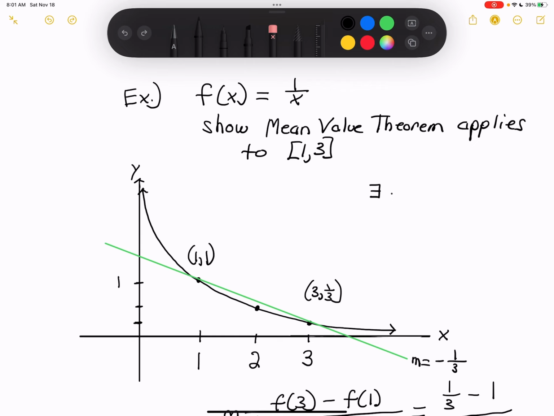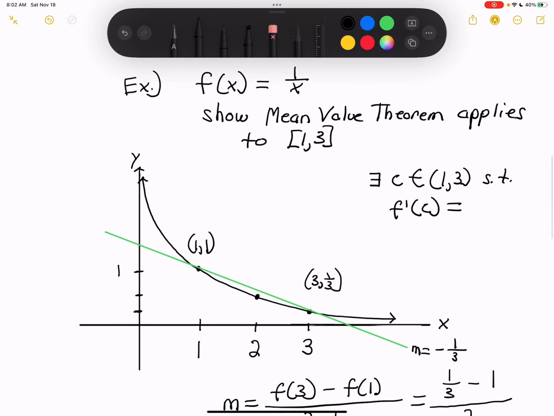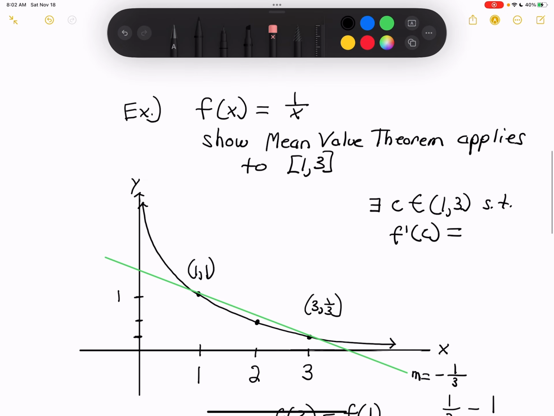So there exists a c in the interval from 1 to 3 such that f prime of c is equal to the slope of the secant line connecting the two endpoints, which we just found out is negative 1/3.